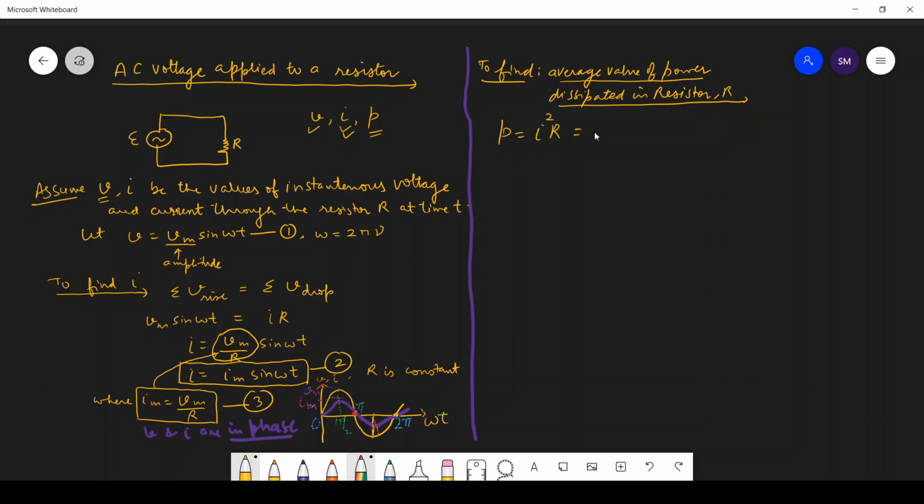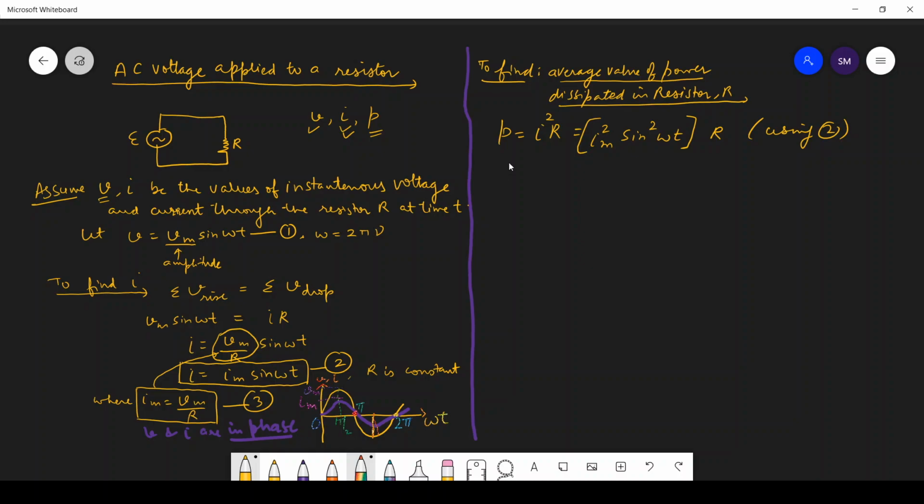So we get Im square sine square omega t and then R. I'm just using equation number 2, putting the value of I here.